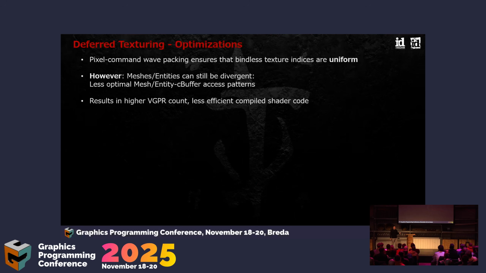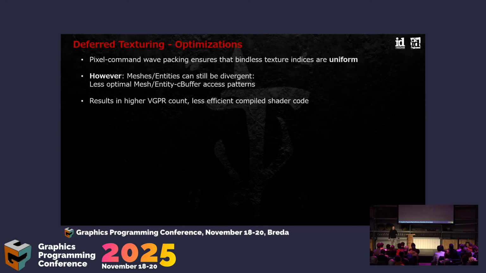All right. When evaluating the deferred texturing performance, one thing we noticed is that while the compute dispatch wave packing already ensures material and texture sampling uniformity in a wave, we could still run into a situation where multiple pixels processed within one wave could be coming from different entities or meshes. So the parameters related to meshes or entities would still be processed in a divergent manner.